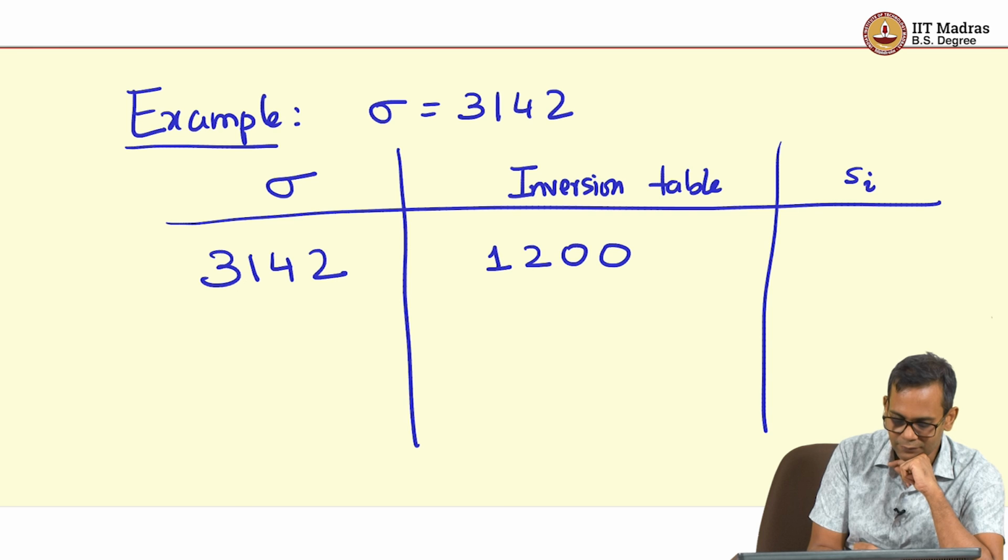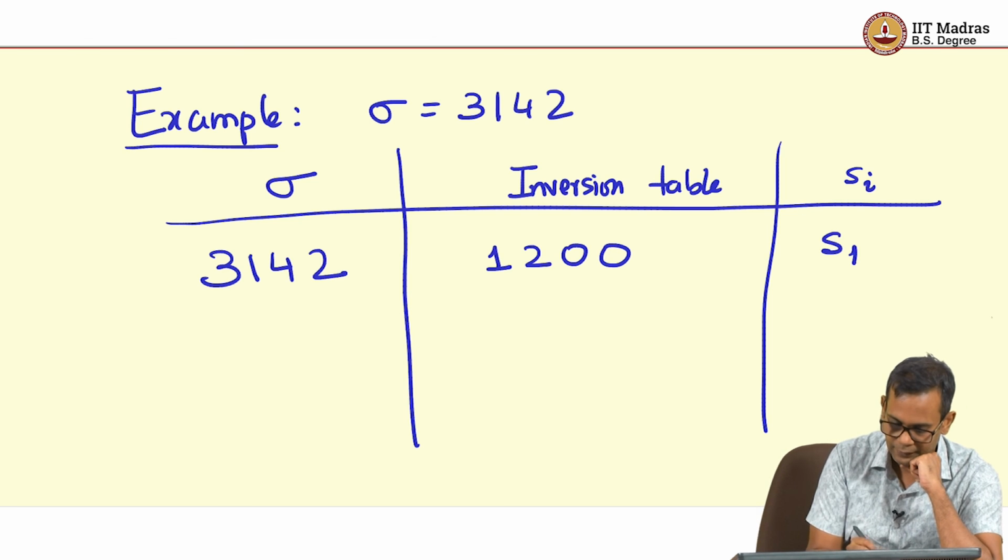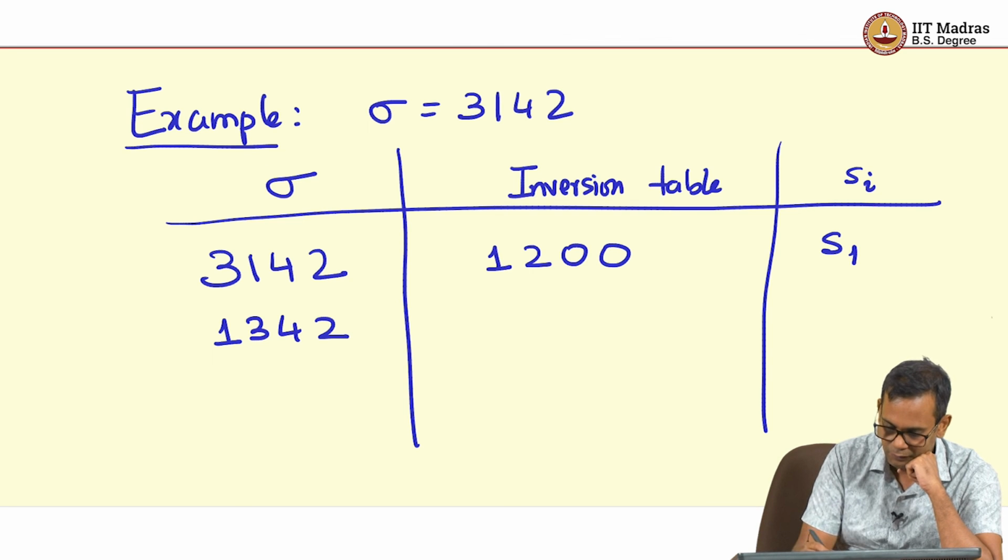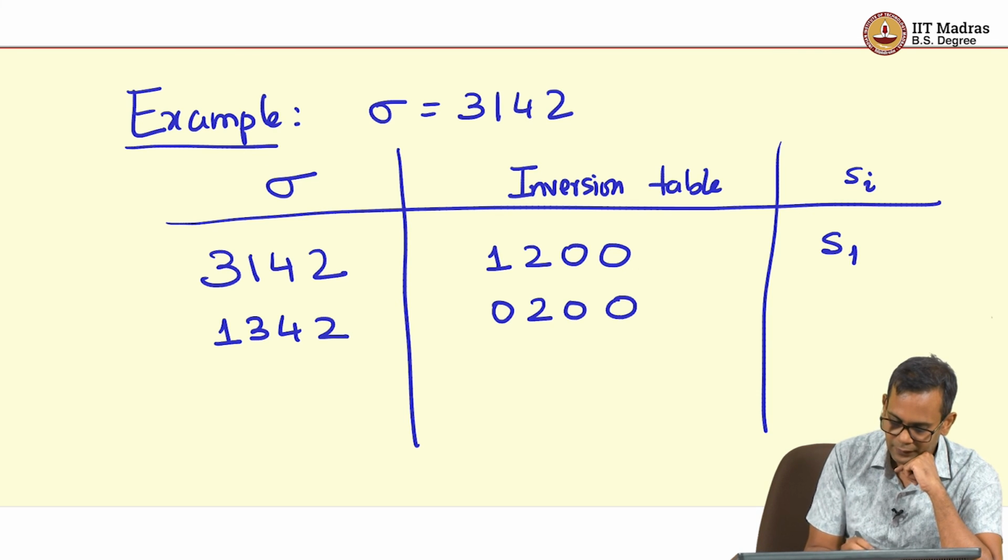So, 3 1, well that's a descent, and so let us correct that. I will apply S1, I will interchange 1 and 3, and so what I get is 1 3 4 2, and what we get in the inversion table is 0 2 0 0. And then let us look for a descent.